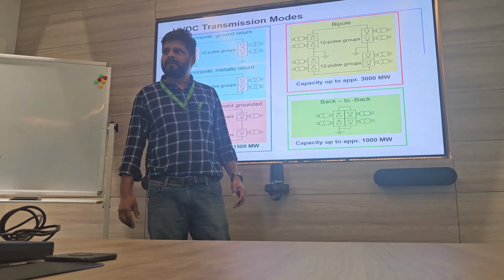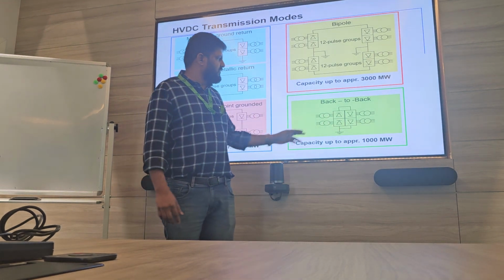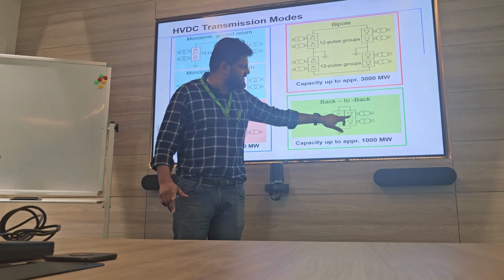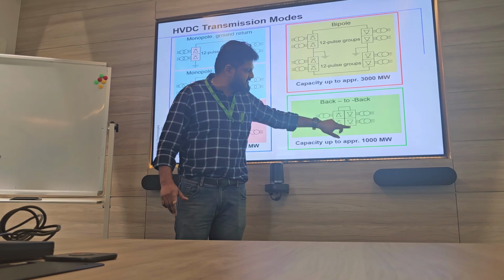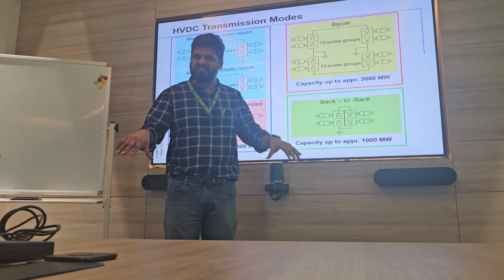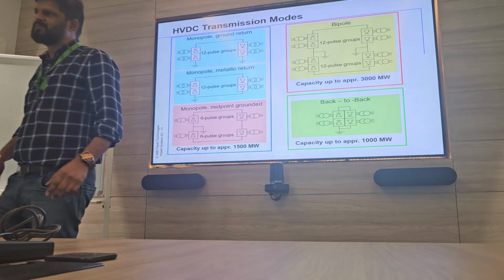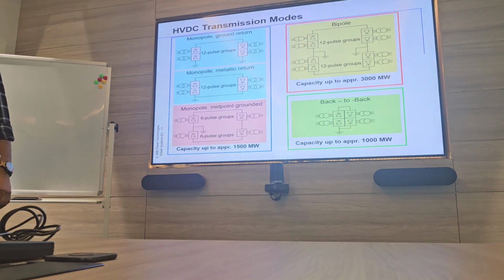This is an AC connection, without a DC line, AC on both sides. This is the rectifier and this is the inverter, with the line just short in the same station itself. There is no transmission line. This is used when connecting two countries that are very near each other but have different frequencies, for example between Saudi Arabia and Bahrain.